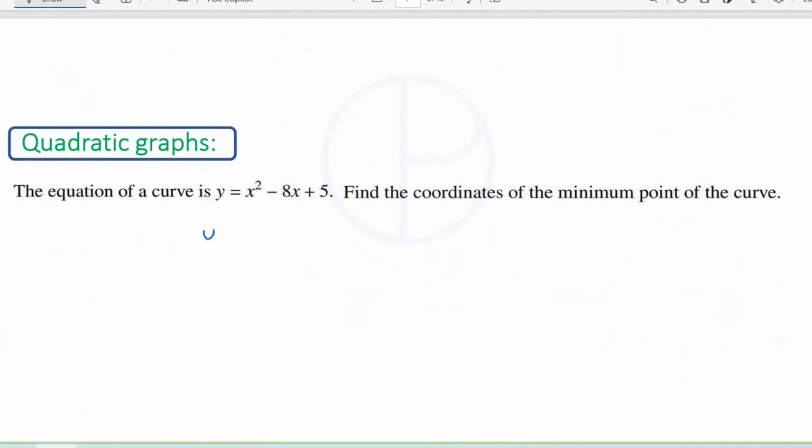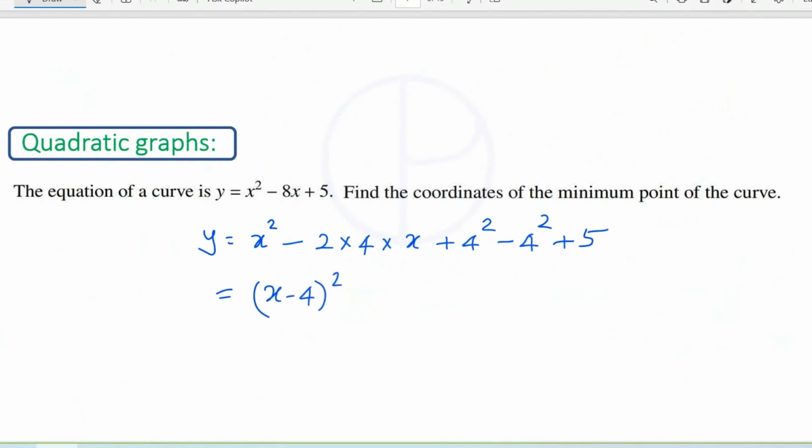So y is equal to x squared minus 2 multiplied by 4 multiplied by x plus 4 squared minus 4 squared plus 5, equal to (x minus 4) the whole squared minus 4 squared plus 5, which gives negative 11.